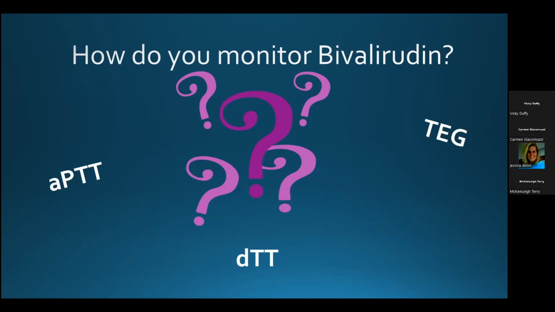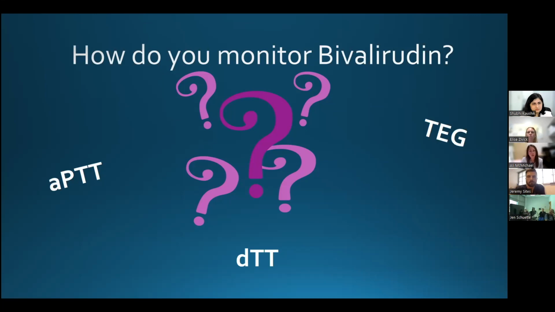But I think the rest of the viscoelastic testing is still great to monitor when you're on bival, to look at the MA, to make sure that your platelet function and quantity is enough, and also to look at your fibrinogen. So I think there is still a role for viscoelastic testing while we're still trying to define what that goal time should be. I don't think for right now it's a good titration for bival, but a nice additional monitoring, I should say.